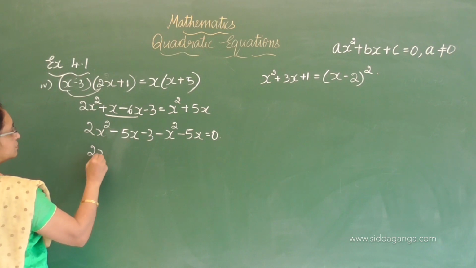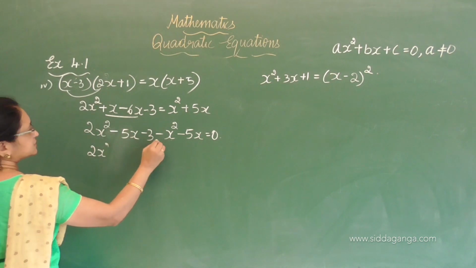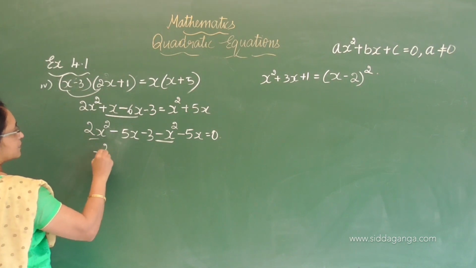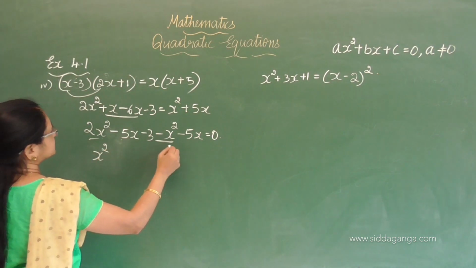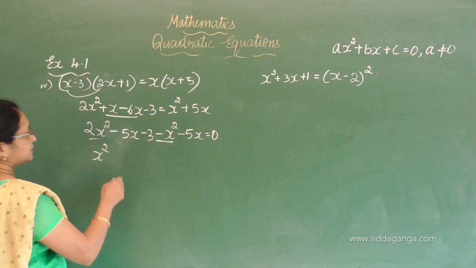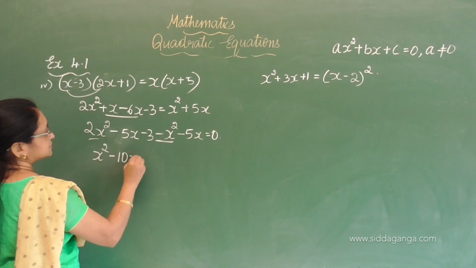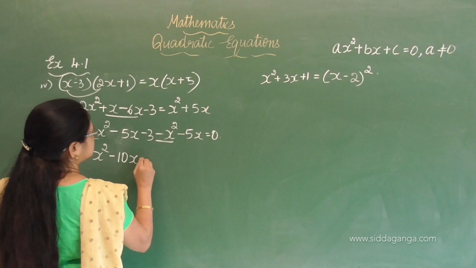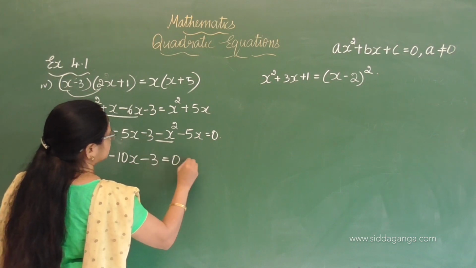Now, 2x square minus x square will give you x square, then minus 5x. So here minus 5x and this minus 5x will give minus 10x, okay. Then here minus 3 is equal to 0.